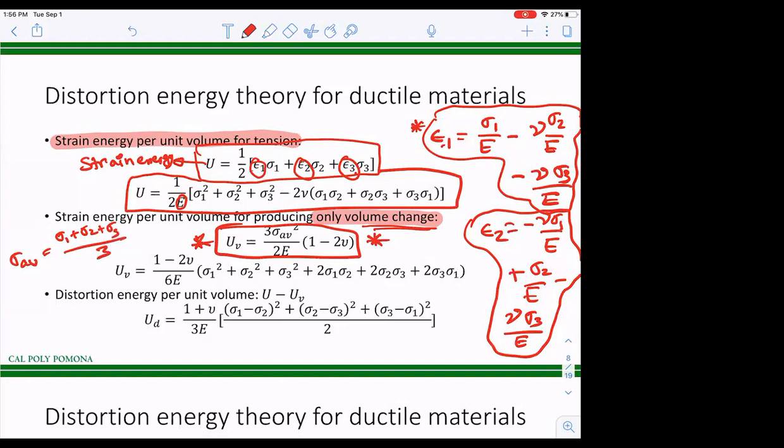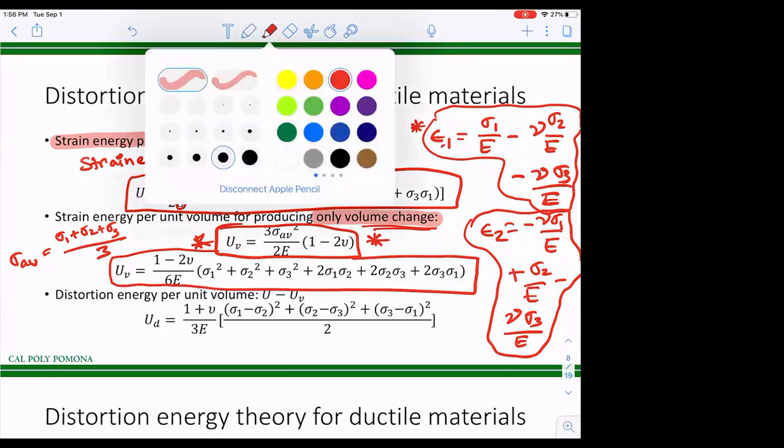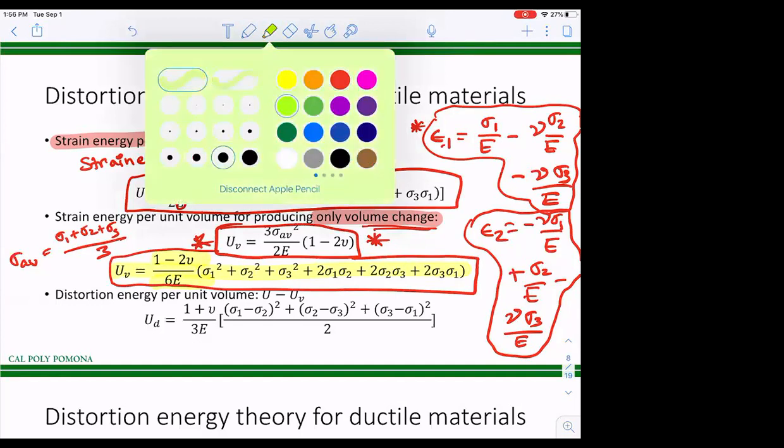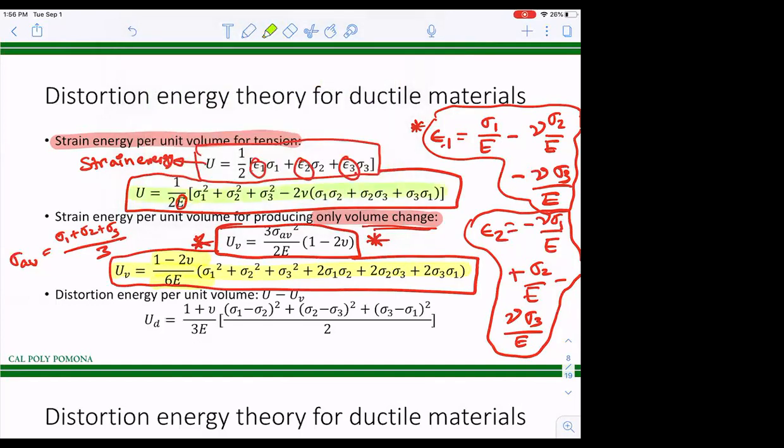If you replace sigma average with sigma 1, 2, 3, this is what you will get. Let me highlight it in yellow. The yellow formula gives us the strain energy for volume change, and the green highlighted formula gives us the total strain energy.